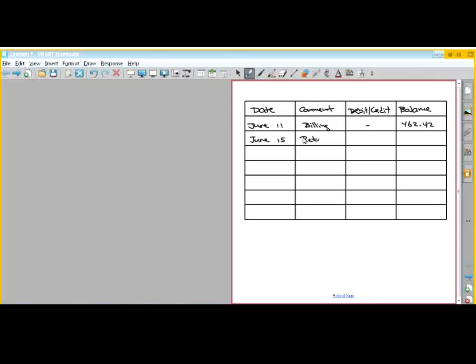And on June 15th we have a return. We're going to subtract that from our balance. The return is going to be negative. So it's going to be $106.45.